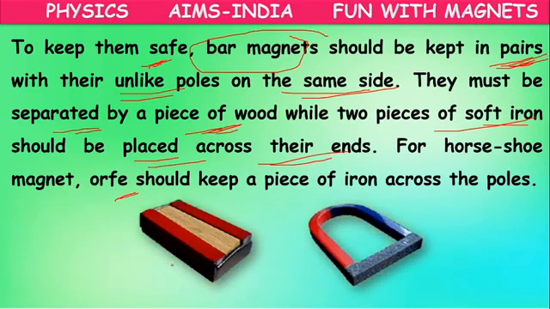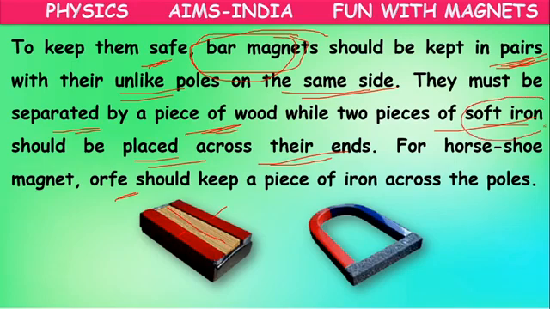Means like this. Here bar magnets should be kept in pairs. This is the first magnet, this is the second magnet. They should be separated by a piece of wood.